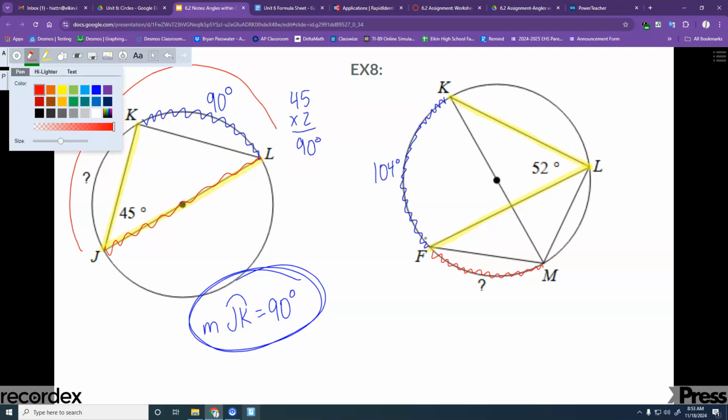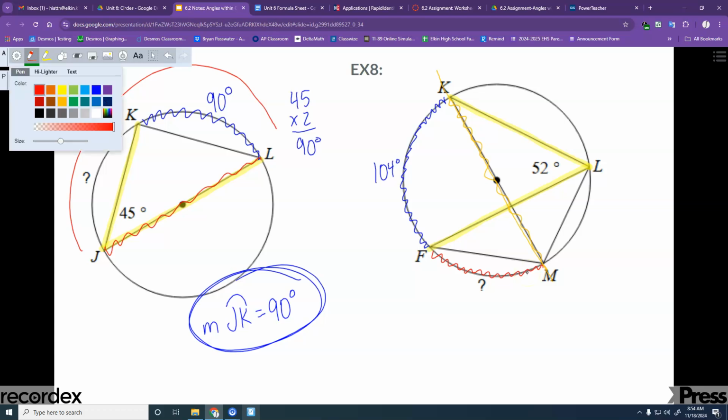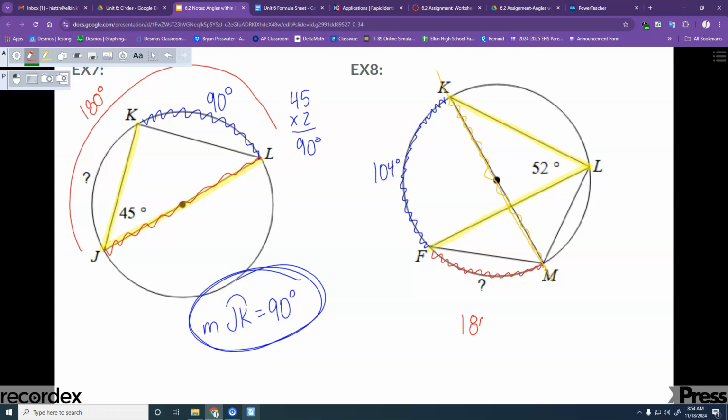But right here, this is half of the circle, right? That's the diameter. It cuts it in half. So if this is 104, this one has to add up to be 180. So if we do 180 minus 104, we will get 76, and that is the correct answer there.